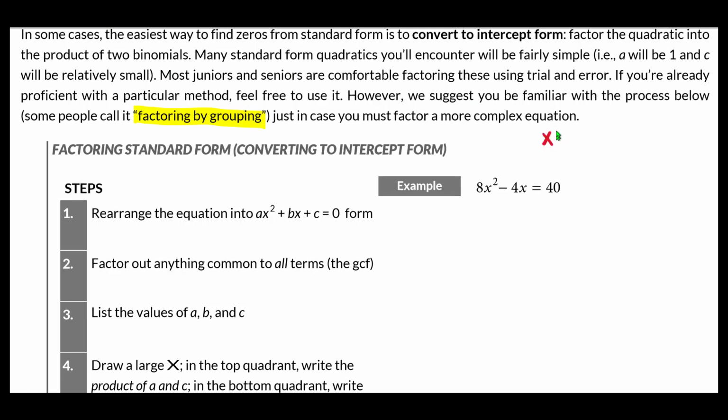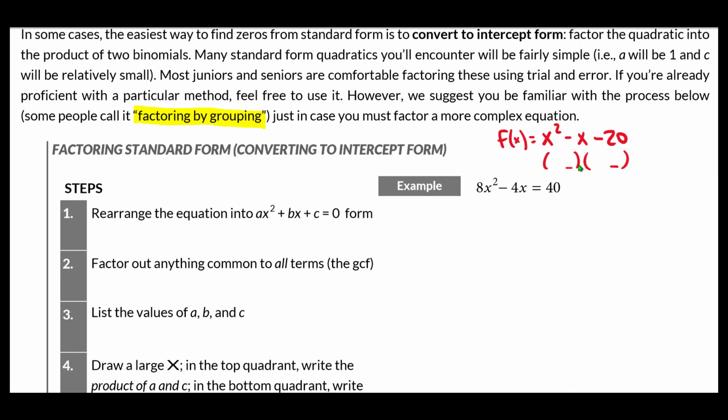So you might see stuff like x² minus x minus 20. And let's say this were a quadratic function, and let's say you had to find the zeros. Most students, by the time they're juniors and seniors, can look at this and by a little bit of trial and error figure out that you need these two last numbers when you FOIL these two factors out.